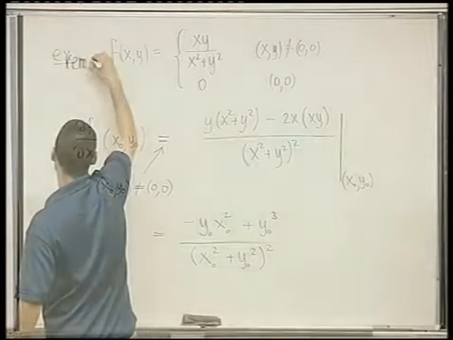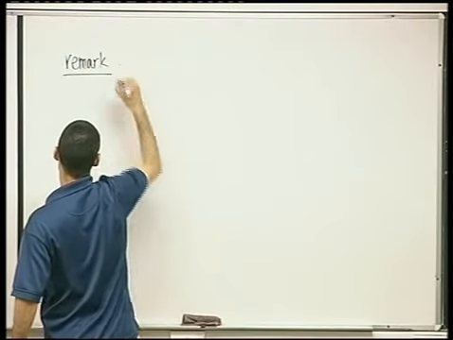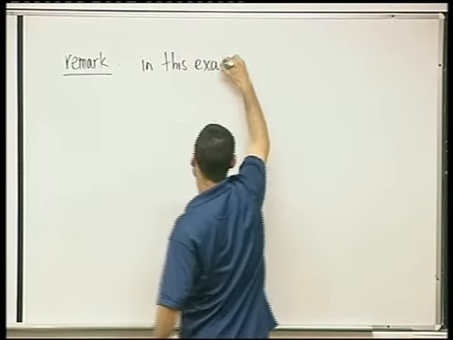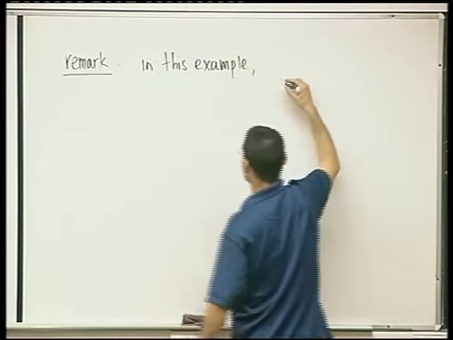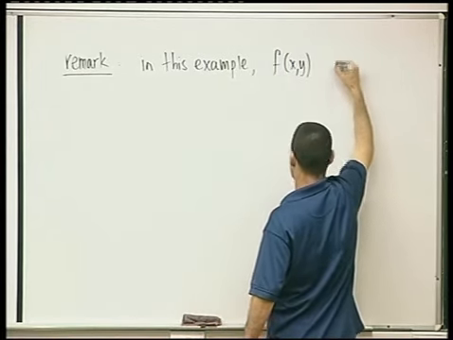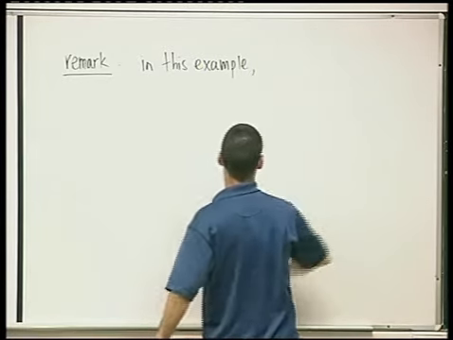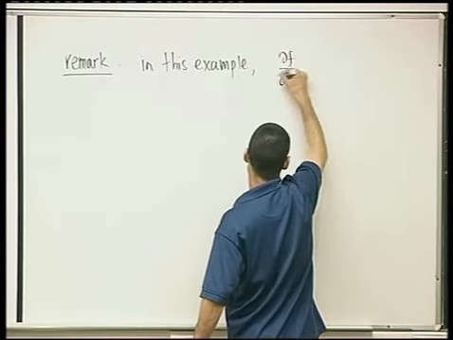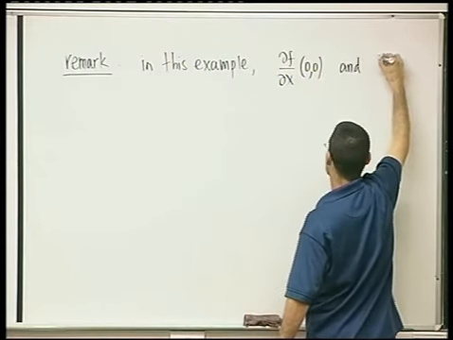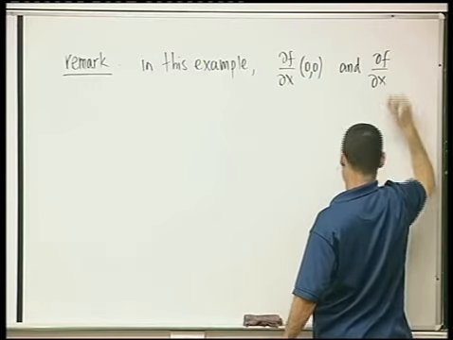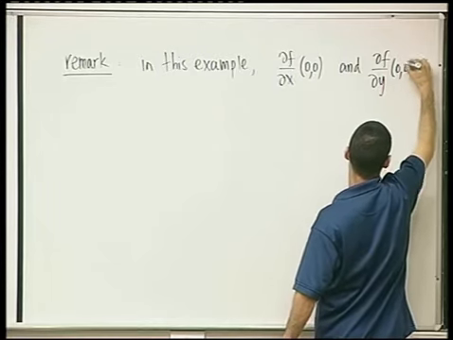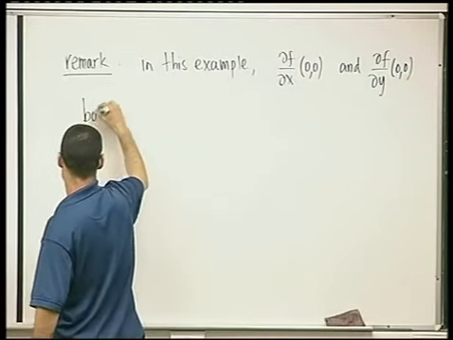Remark. In this example that we just did, the derivative of f with respect to x at 0 and the derivative of f with respect to y at 0 both exist.